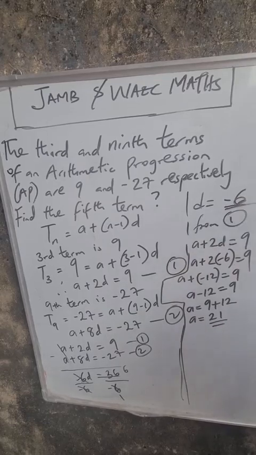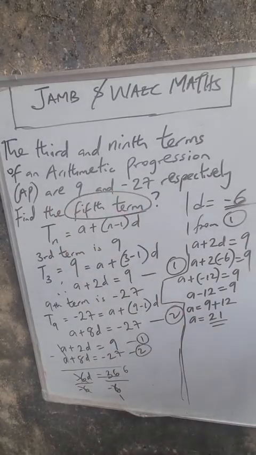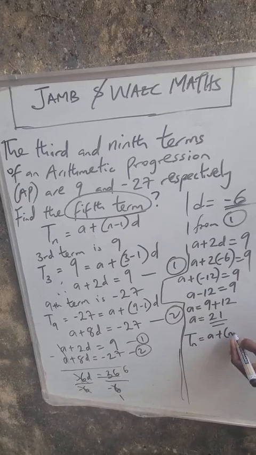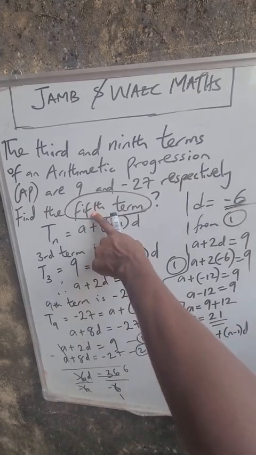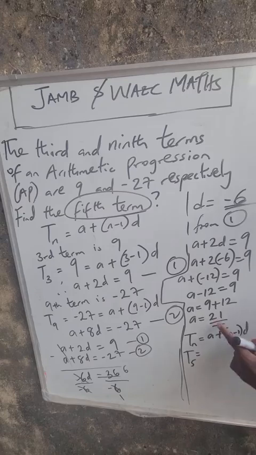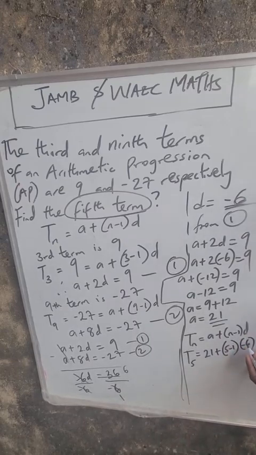Our d is minus 6. So the question is to find the fifth term. We're still going to use our formula of the nth term of an AP, which is t sub n equals a plus n minus 1 multiplied by d. Since we're looking for the fifth term, that is when n is 5. So t sub 5 is equal to a, which is 21, plus 5 minus 1, then multiply by d, and our d is minus 6.